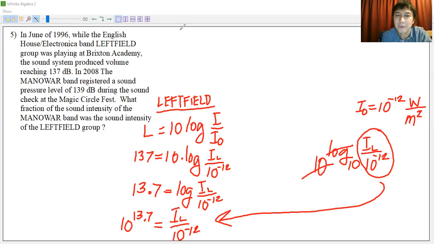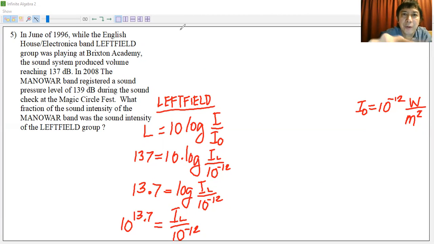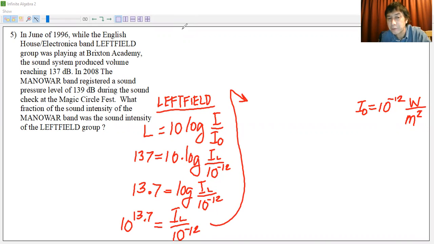Okay, so let's continue with the IL. Let me clear that particular part. So solving for IL now, this will be a continuation. IL is the product of 10 raised to 13.7 times 10 to the negative 12.